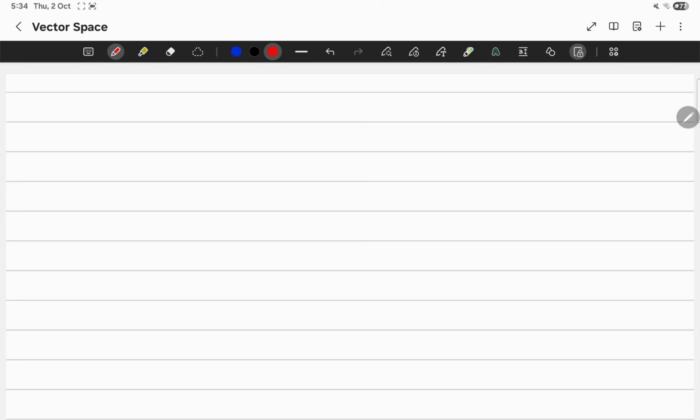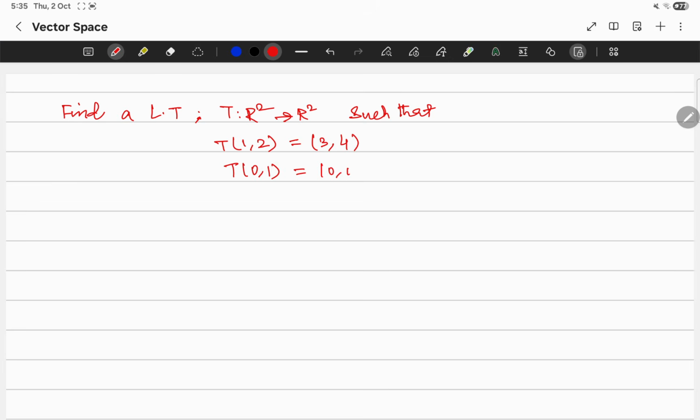Okay, also the question may be of this type: find a linear transformation, that is, the transformation should be from R2 to R2 such that T of 1 comma 2 is equal to 3 comma 4, and T of 0 comma 1 is equal to 0 comma 0.